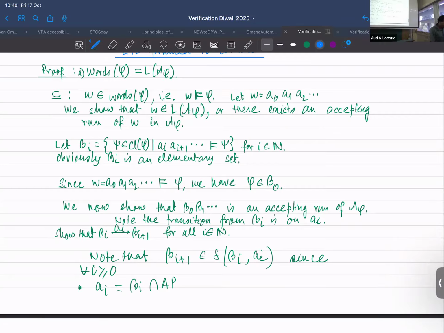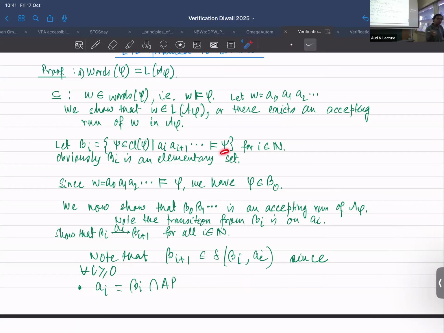So you consider this beta i, which is the set of all such formulas psi appearing in the closure of phi, such that the suffix starting from A i satisfies psi.